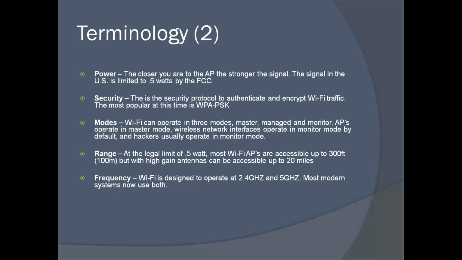It gets blocked by windows and walls and other objects in the way. So the ideal solution is to simply combine them. And that's what most of our modern systems do: they use both the 2.4 gigahertz and the 5 gigahertz and get the best of both worlds, passing through walls and speed.